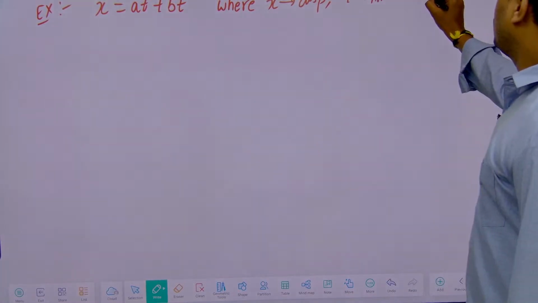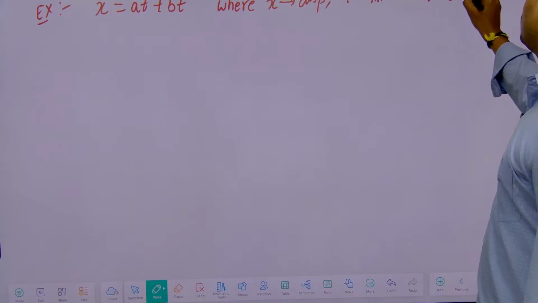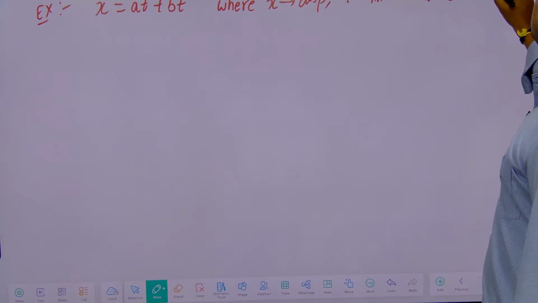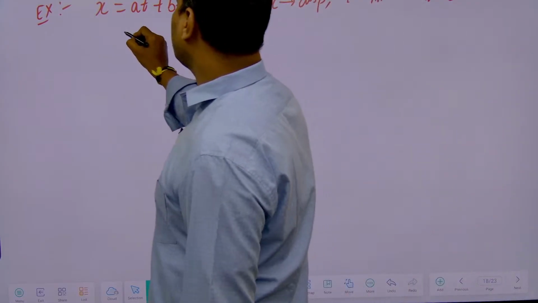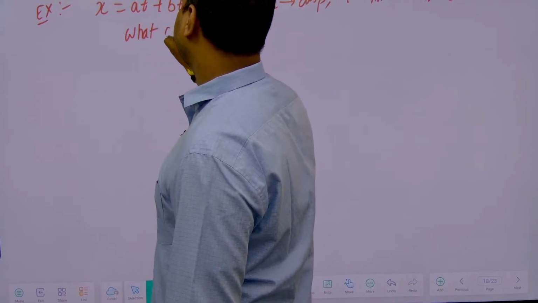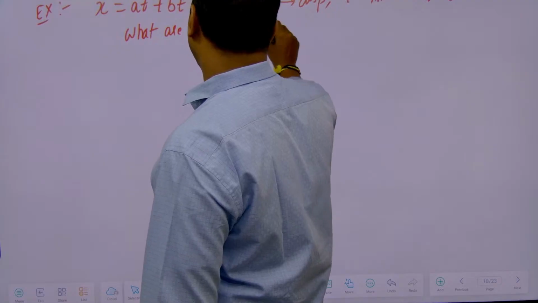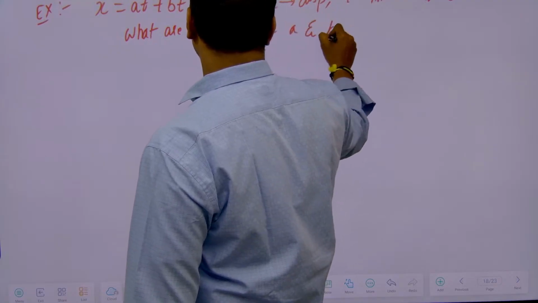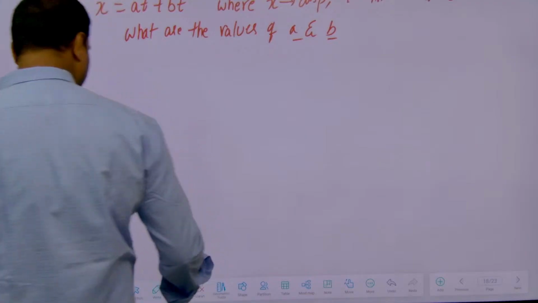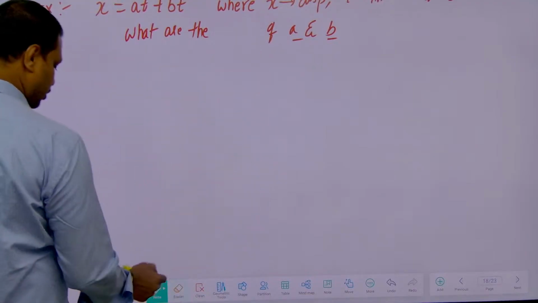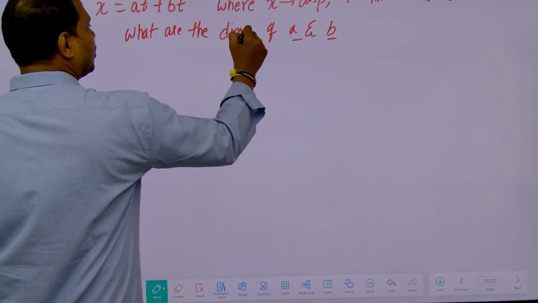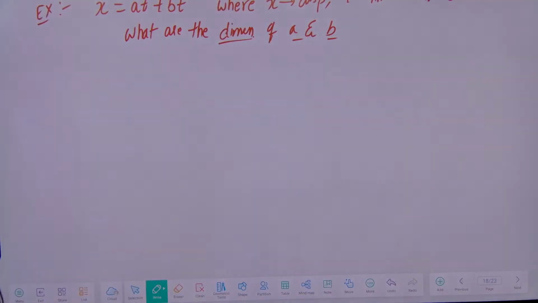Okay, A and B are constants. What are the values of A and B? Or rather, what are the dimensions of A and B? This is the question. Okay, I'll explain this question clearly, just go through it.